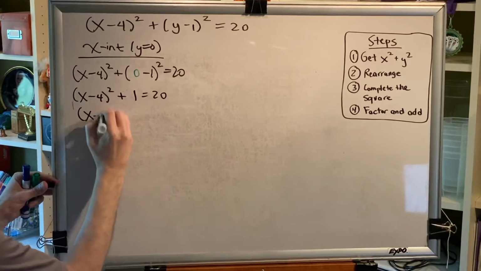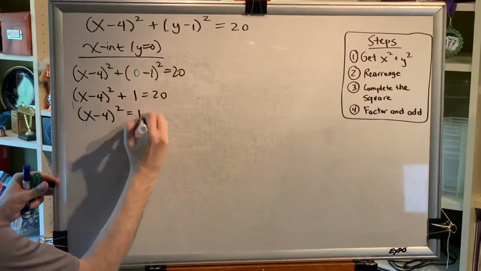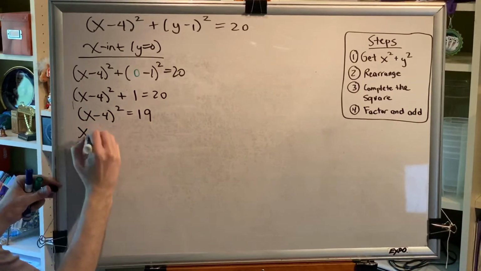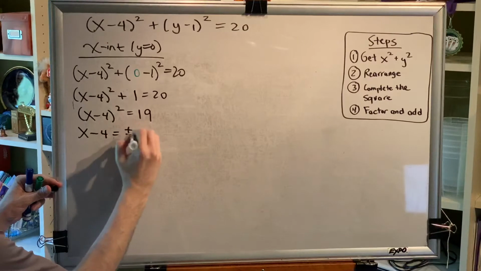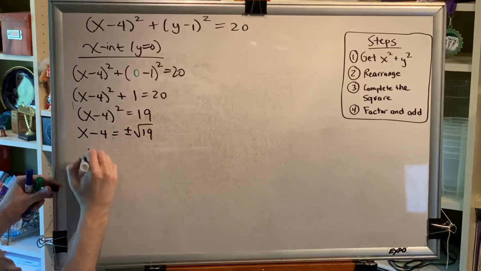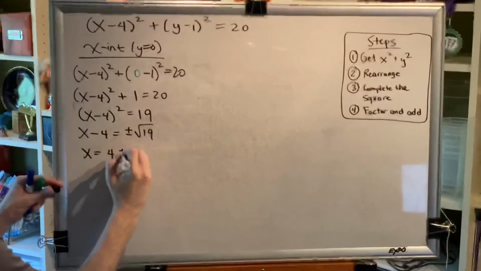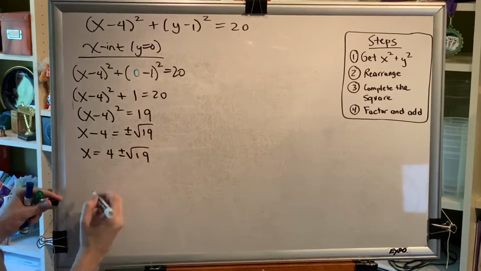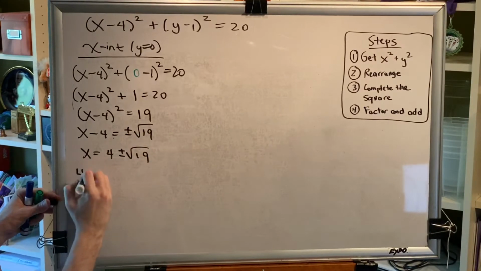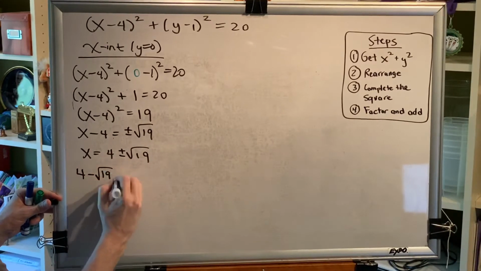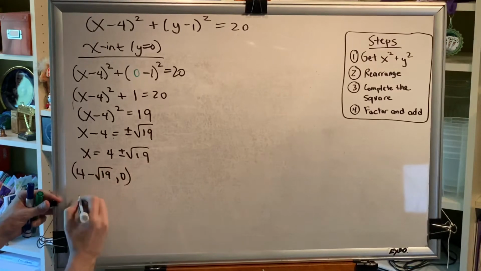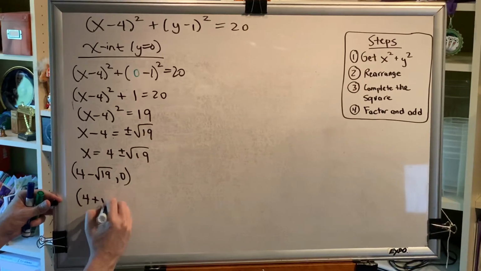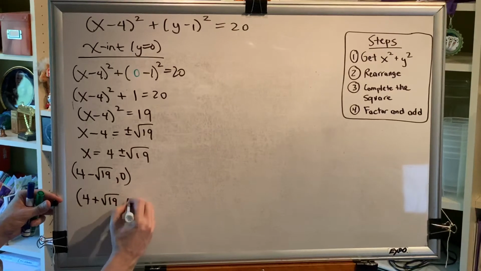Subtract 1 on both sides. Square root property from intermediate algebra. Add 4 to both sides. So the first x-intercept is 4 minus the square root of 19, comma 0. And the second is 4 plus the square root of 19, comma 0.